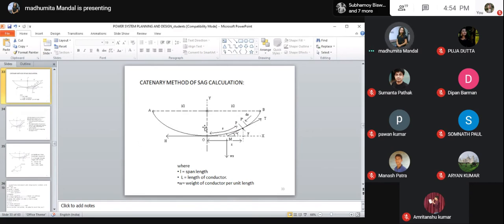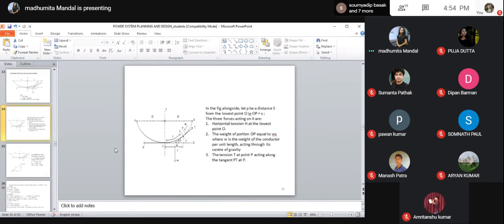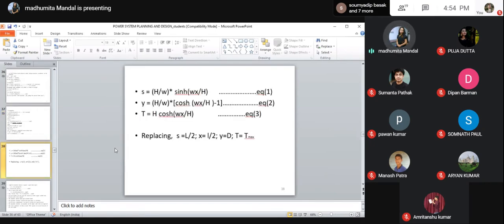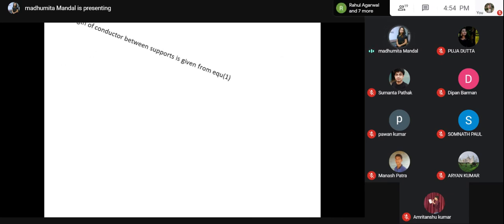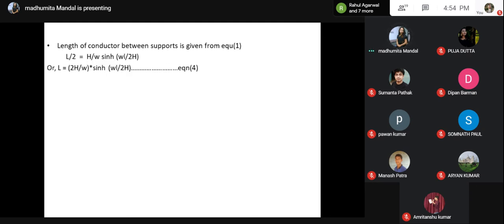If the maximum sag is denoted by capital D, then y will be equal to D. So in these three equations, we replace S is equal to L by 2, X is equal to small l by 2, Y is equal to D, and the tension at B will be the maximum tension, so T is equal to T max. Then we will get the equation for the length of the conductor.